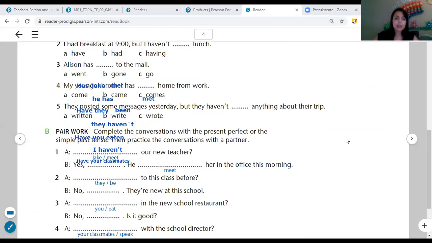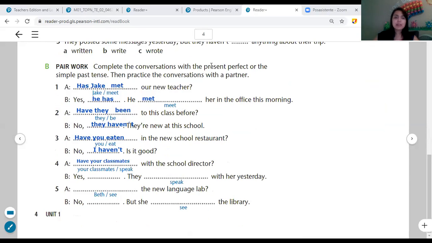Spoken. Have your classmates spoken with the school director? Yes, they have. They, okay, now we have a specific time. So with the past, they spoke with her yesterday.